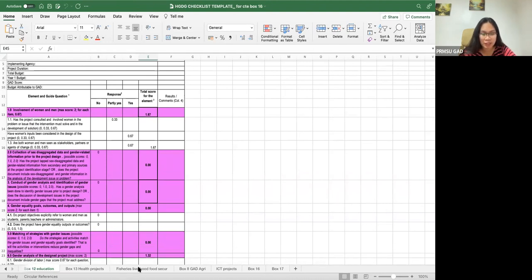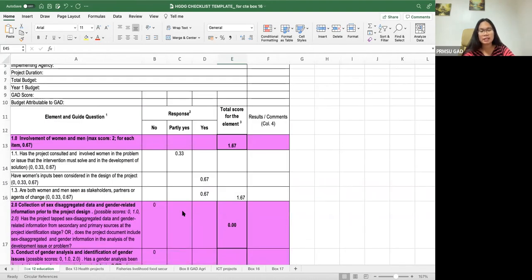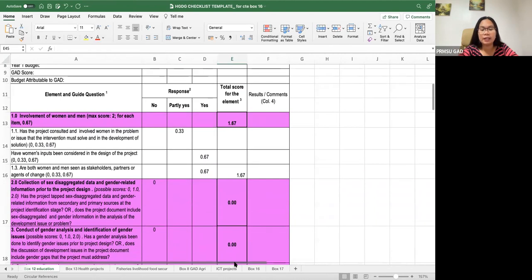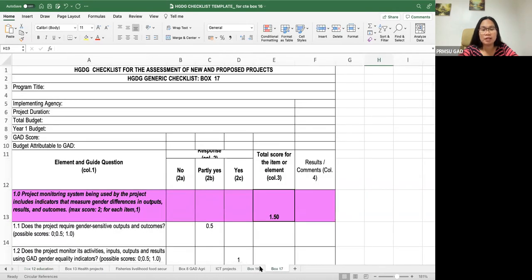We have fisheries, livelihood, food security, and ICT projects ready, and health projects. But just for you to see how it works, it is better to use Excel because the summation is automatic. And then box 16 and 17 are for project monitoring. But for this, we are only at the assessment of new and proposed projects.